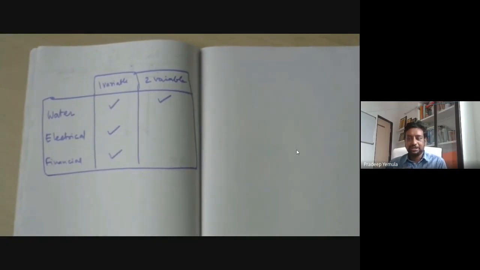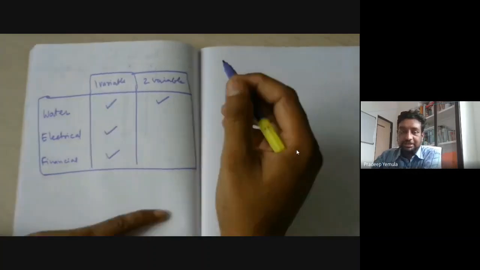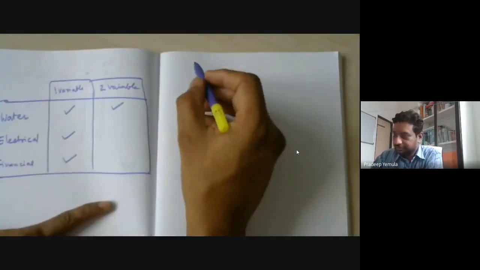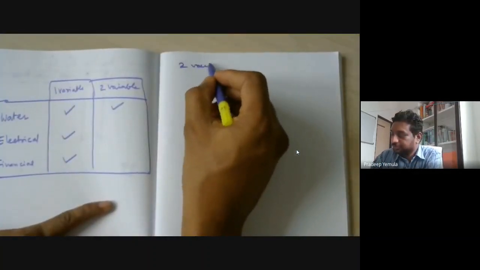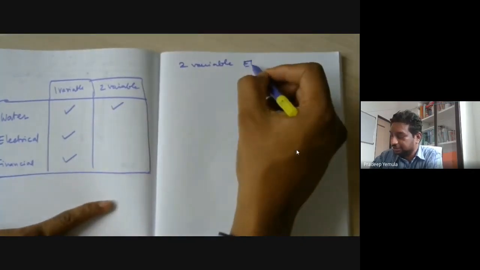A two variable circuit will obviously have two energy storage devices. That means two capacitors. So let us do that. Two variable electric circuit.